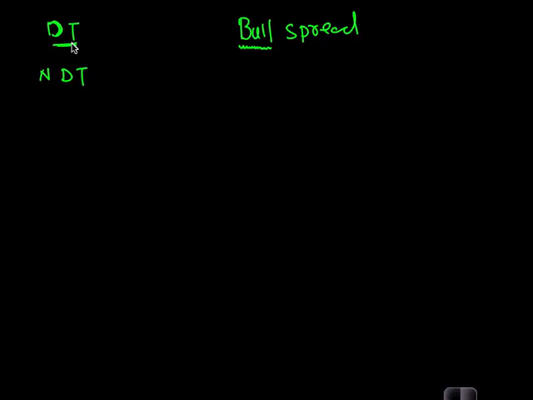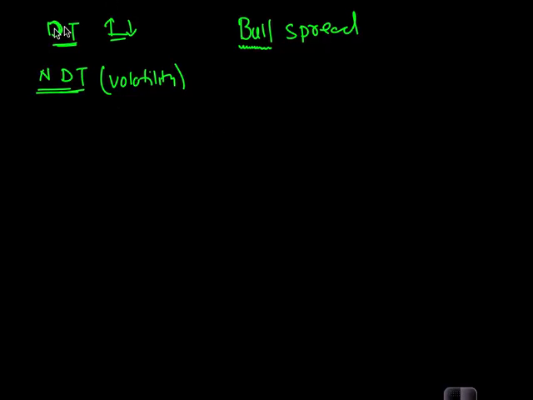In directional trades, you have a view of the market. You expect either the prices will go up or the prices will go down. In a non-directional trade, you do not have a view. So here in NDTs, you take a view on volatility.